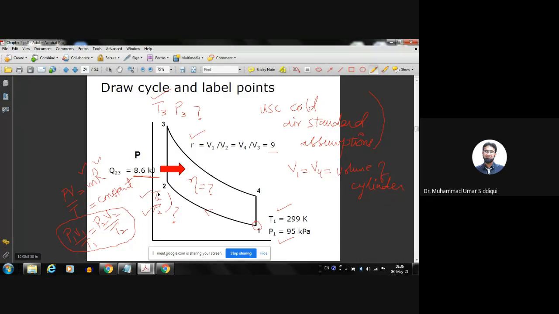So you can use P2 V2 by T2 equals P3 V3 by T3. Now you know T2, you know T3, the volume is the same, V2 and V3 are the same, and you know P2, so you can determine P3.